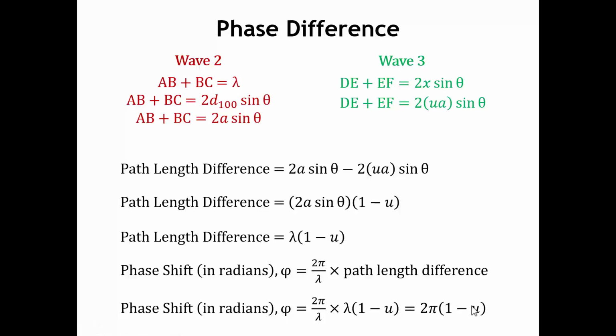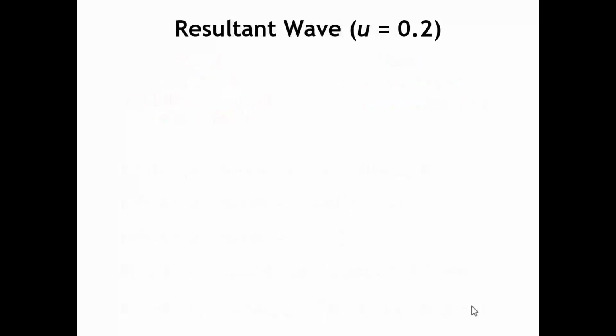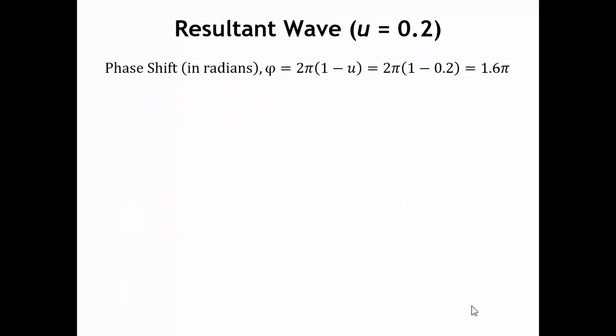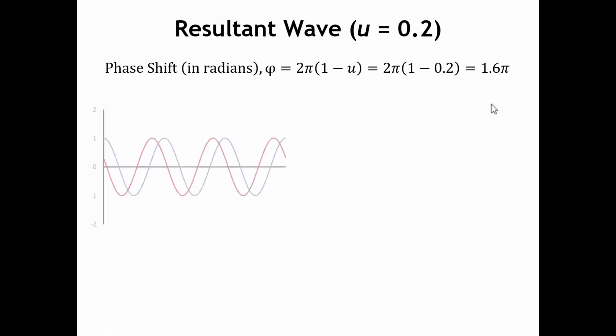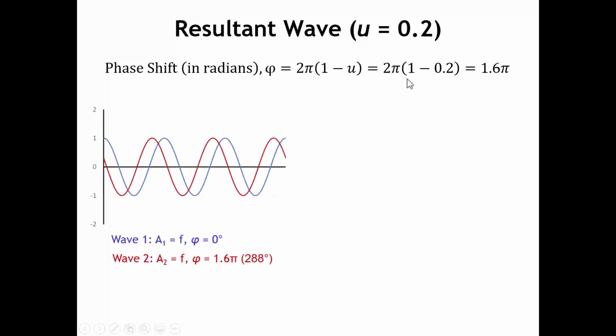Let's now do our wave addition. If we have a fractional coordinate of 0.2, that means the phase shift is 2 pi times 1 minus 0.2, so a phase shift of 1.6 pi. We can draw that. Here's our original wave.